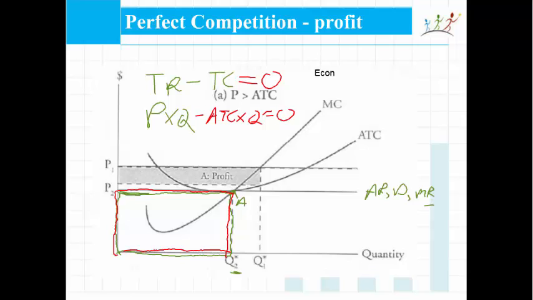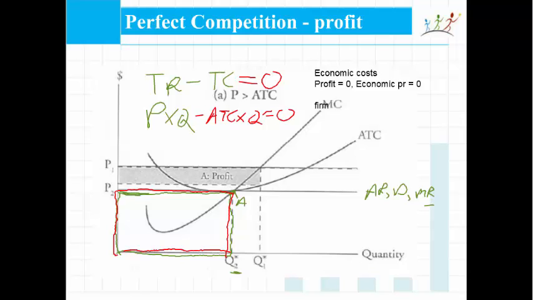Remember, all costs that we talk about in economics are economic costs. So if profit is equal to 0, it means that economic profit is equal to 0. It doesn't mean that the firm is at break even.